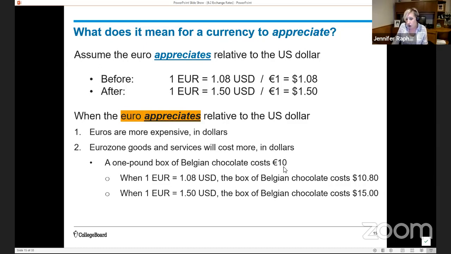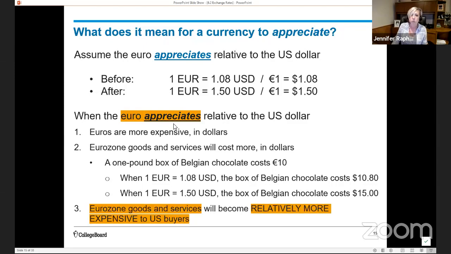The box of chocolate still costs 10 euros. That has not changed. However, since the euro has appreciated, you need more dollars to buy the same number of euros. And so the relative cost of that box of chocolate for a foreign consumer paying with dollars has increased. So what conclusion do we draw? When the euro appreciates relative to the dollar, Eurozone goods and services are going to become relatively more expensive to US buyers. Okay, can you imagine the implications for the current account balance from that?